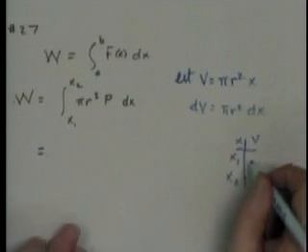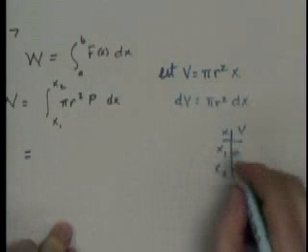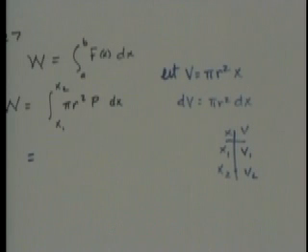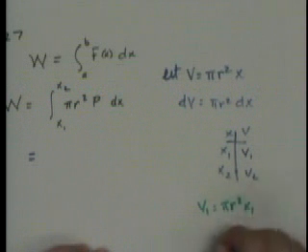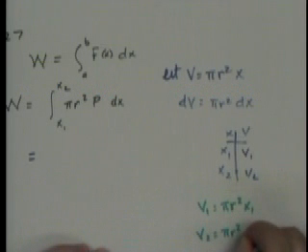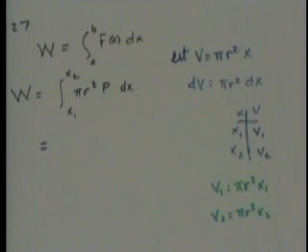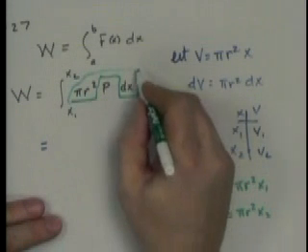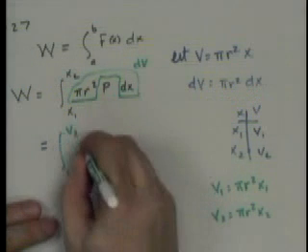So I could write here pi r squared x1 and pi r squared x2, and I would, except that in this problem, it told me to write V1 and V2 as my integration limits on the answer. But if you note again, V1 is pi r squared x1 and V2 is pi r squared x2. I'm not going to write that because it didn't want that as the answer. Okay, so pi r squared dx is my dv, and so I end up with the integral from v1 to v2 of p dv.